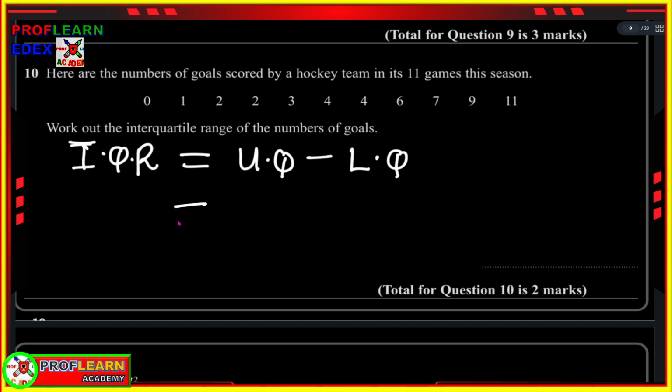Now let's check what our upper quartile and lower quartile are. If you cancel this and this one, you cancel this and this one, so that we are going to determine the median. So we cancel that, and you can see we are going to remain with 1, 2, 3, 4, 5 and 1, 2, 3, 4, 5. We are going to have this as our median.